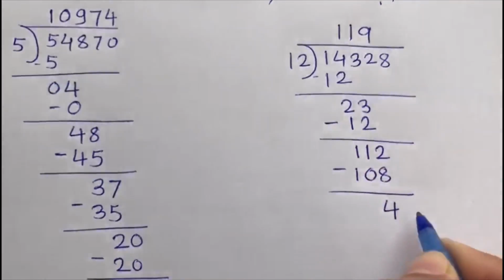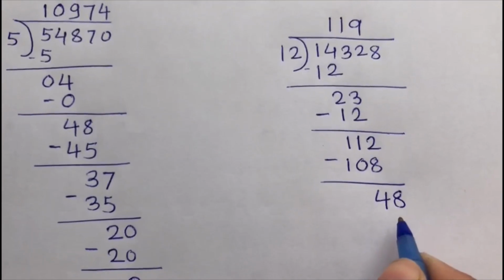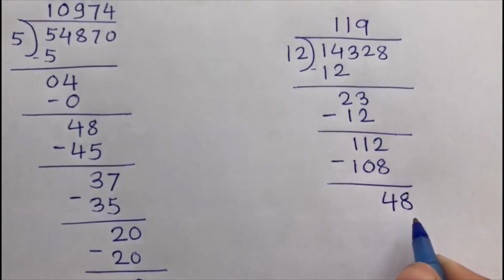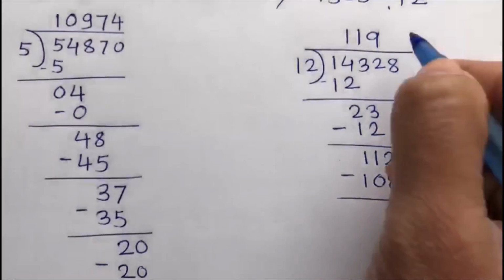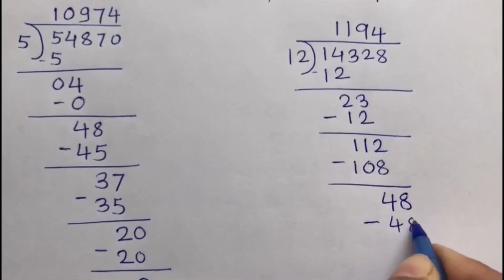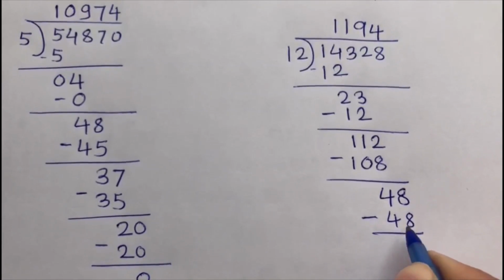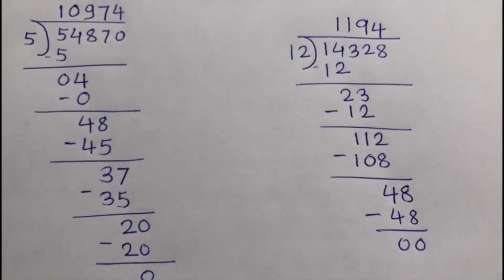Take the next digit down, that is 8, and the number becomes 48. In the multiplication table of 12, 48 comes at the 4th place. So I write here 4, and when we subtract 48 from 48 we get the remainder 0.